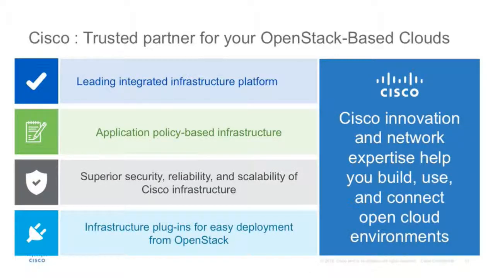Cisco is a trusted partner for OpenStack-based clouds. We are combining the leading integrated infrastructure platform in the OpenStack context. With OpenStack, it's all about APIs. It's all about automation. We are able to bring all those things together.